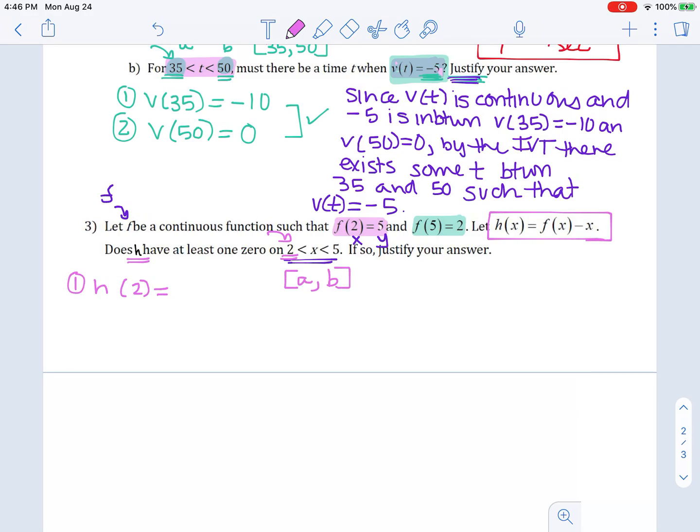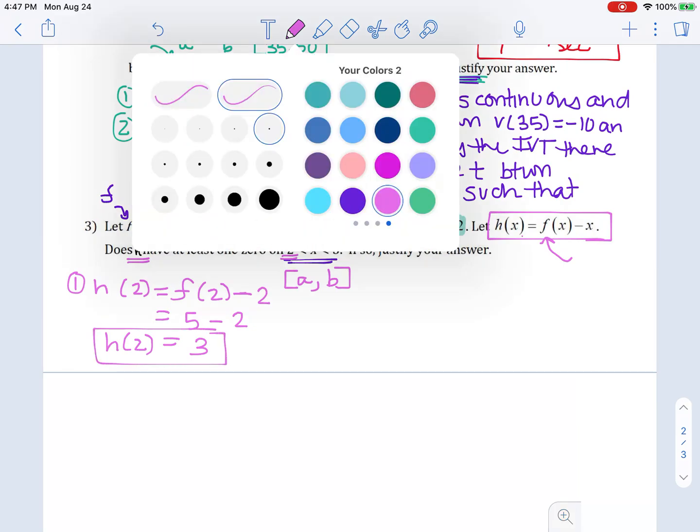So plug in 2 everywhere there is an x. I got h of 2 equals f of 2 minus 2. Well, what is f of 2? They told me here what f of 2 is. f of 2 is 5, minus 2. So we get 3. So h of 2 is equal to 3.